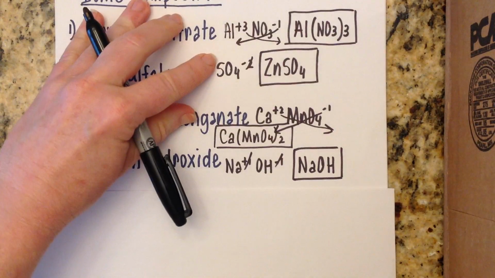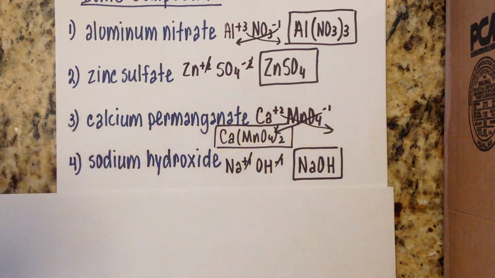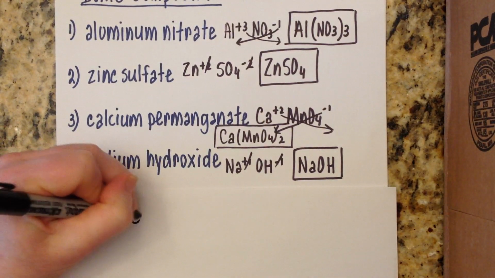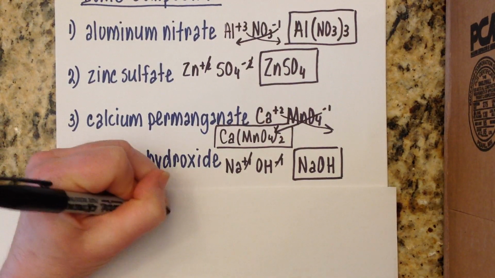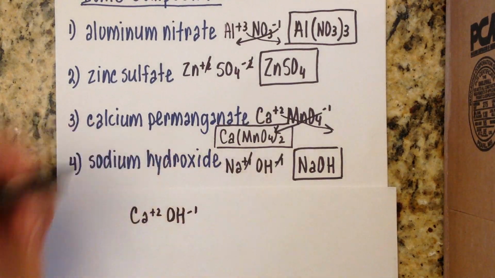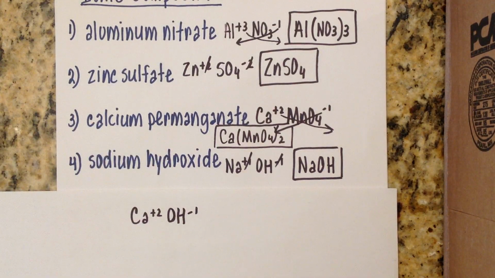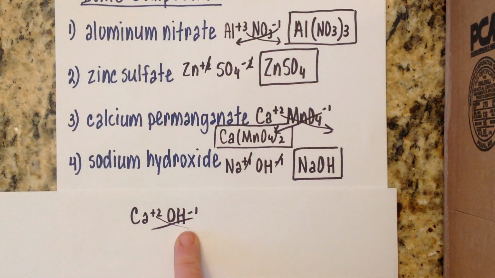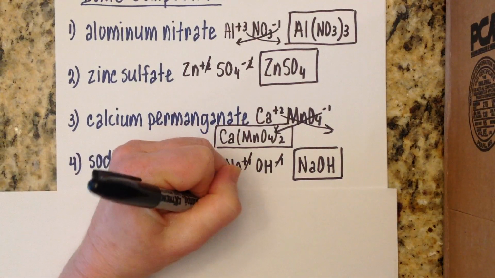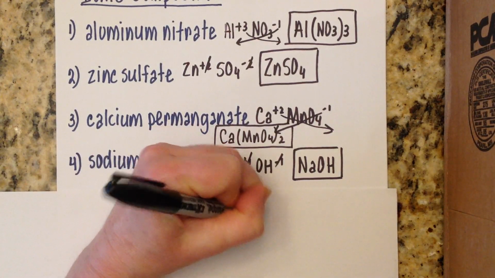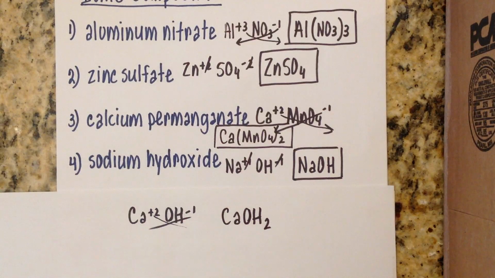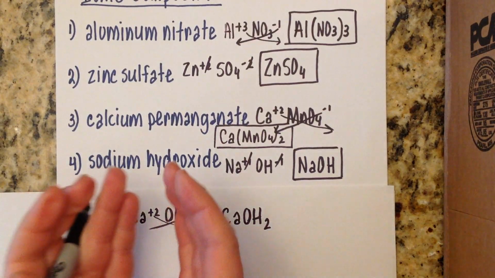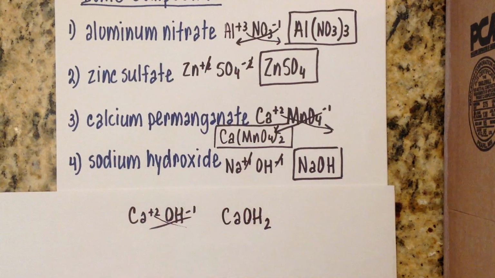Let's say that you had calcium hydroxide. Calcium has a +2 and hydroxide's a -1. Another misconception with a lot of students is when you crisscross these, I know that's a polyatomic ion, but since there aren't any subscripts, a lot of students think it's okay to write it like that, thinking I don't really need to use parentheses because there weren't any little numbers down here.